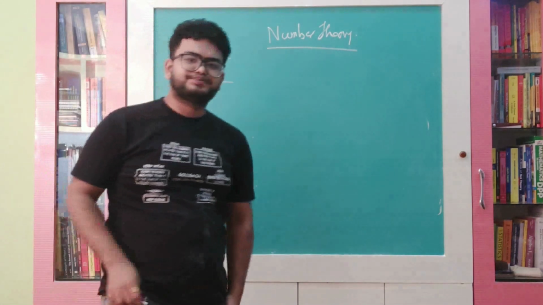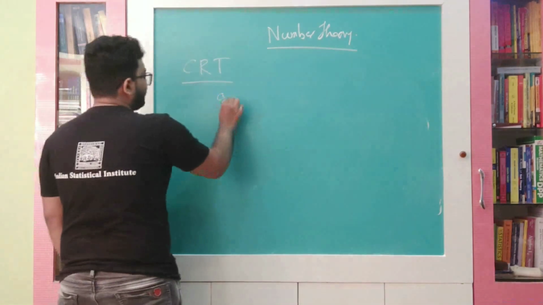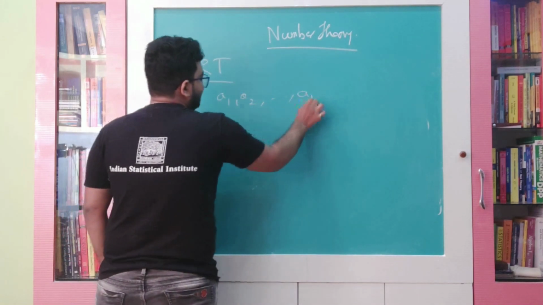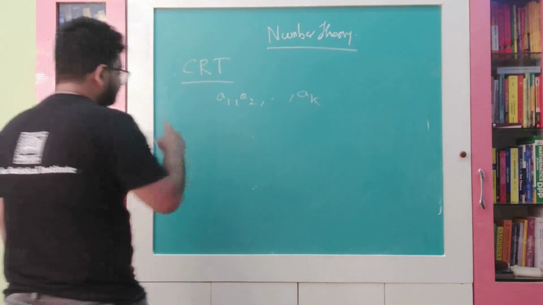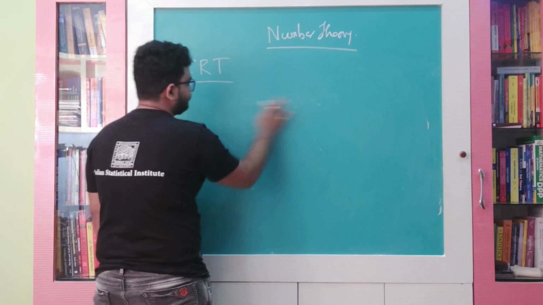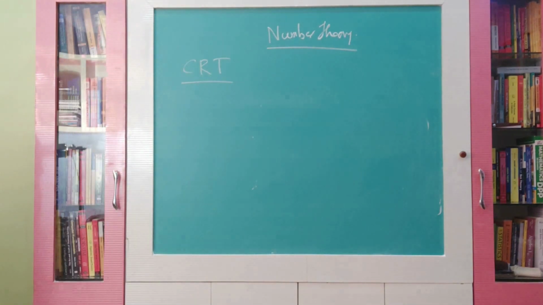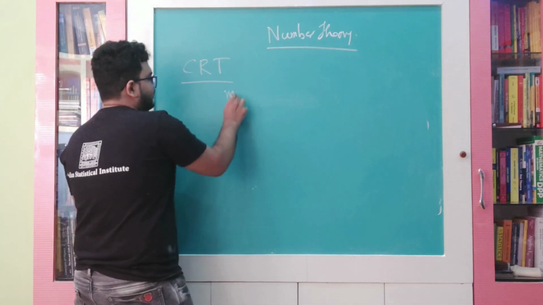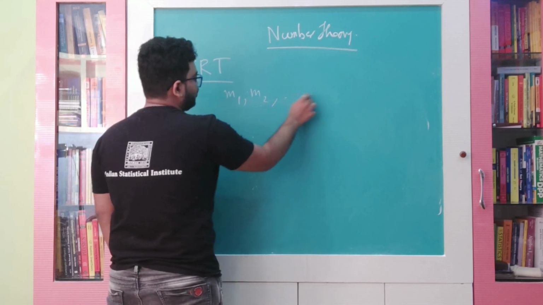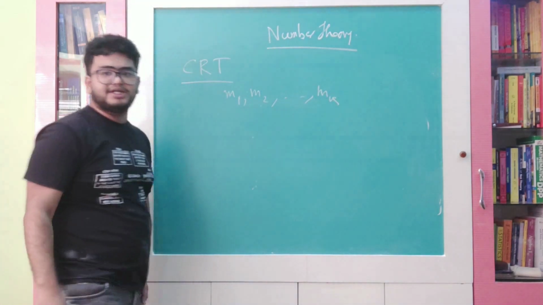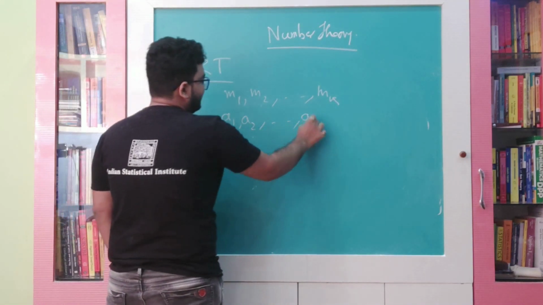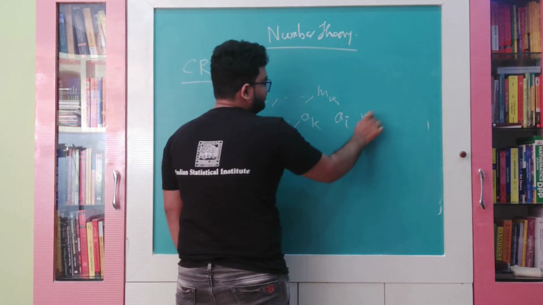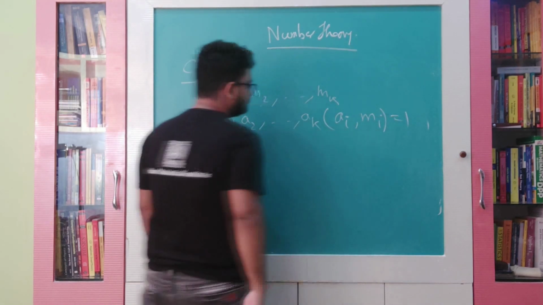The Chinese remainder theorem says that M1, M2, Mk are mutually prime integers, and A1, A2, Ak are integers such that gcd of Ai and Mi equals 1.